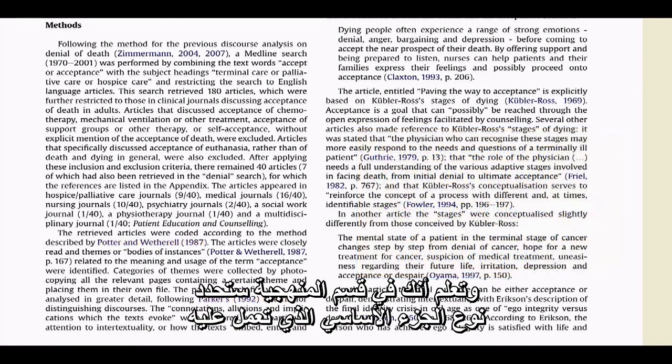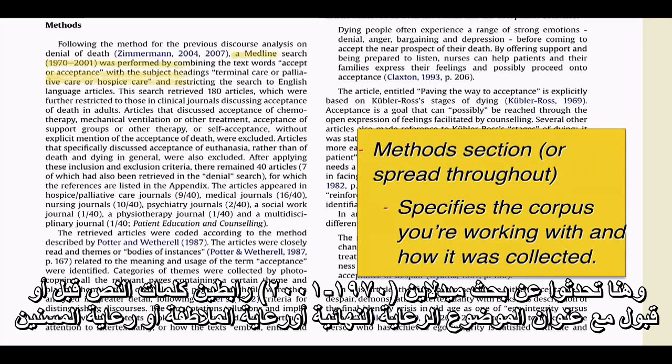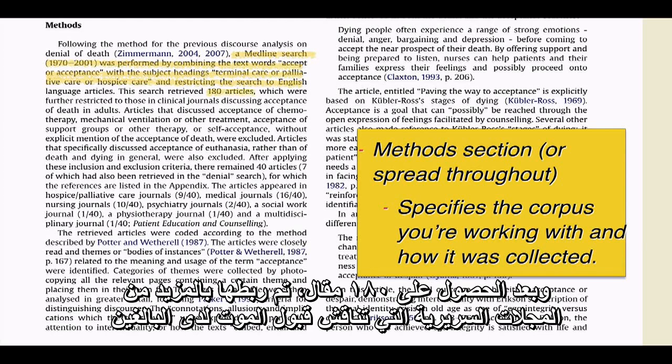Now, you'll also note that in the method section, you want to specify the corpus that you're working with. And here they talk about doing a Medline search, 1970 to 2001, combining the text words accept or acceptance with the subject headings terminal care or palliative care or hospice care, and restricting the search to English. That netted them 180 articles.